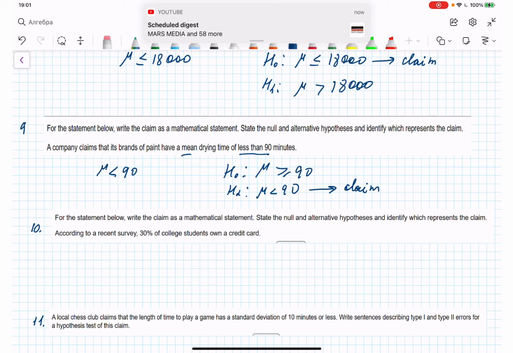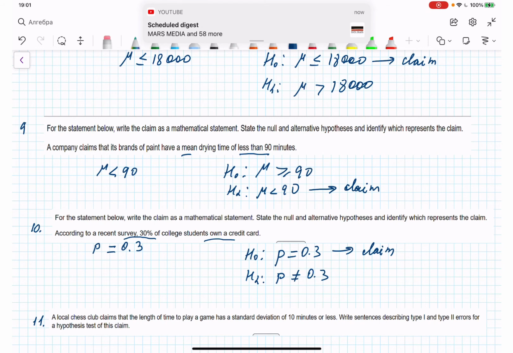Students own, meaning equal. So the claim is going to be p equals 30%, meaning 0.3. Accordingly, the null hypothesis is p equals 0.3, and the alternative is p not equal to 0.3. Since it's given that students own a credit card, 30%, the null hypothesis is our claim.